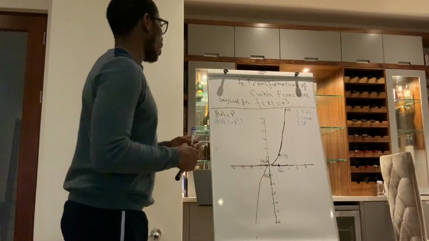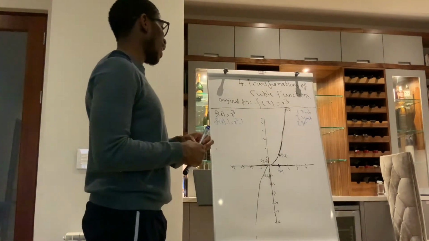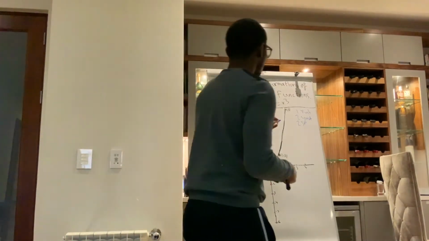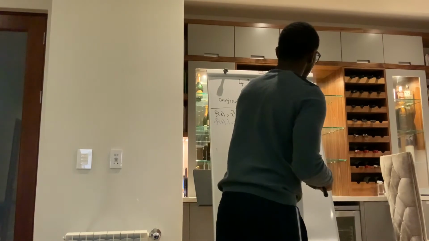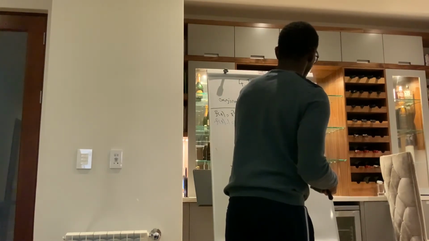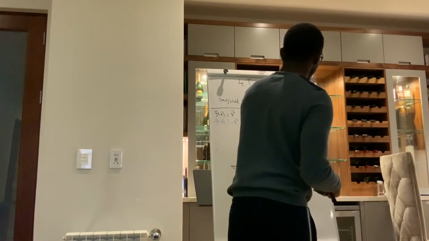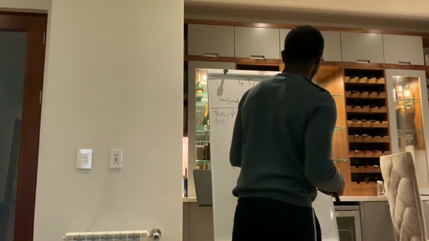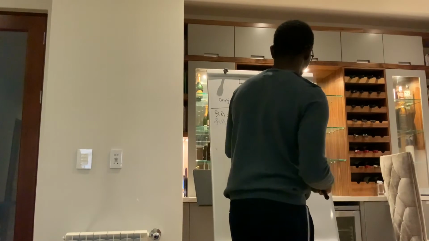The next thing we look for is a y-intercept, and the y-intercept is when x is 0. So the y-intercept in this case will be 0 cubed minus 1, which will give us negative 1.